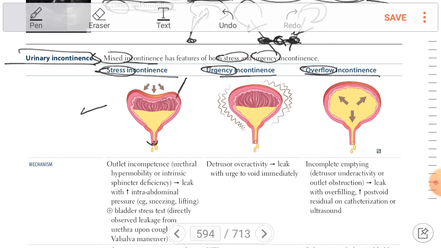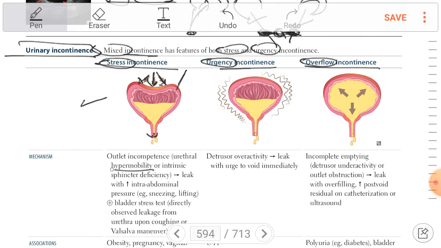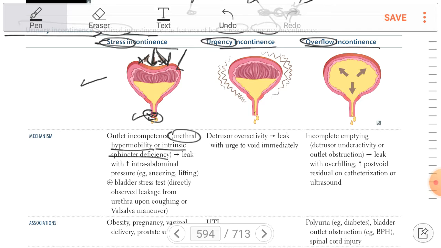So from this image, there is stress on the urinary bladder with hypermobility or deficiency of intrinsic sphincter here. So there is what? There is hypermobility of the urethra, or deficiency in intrinsic sphincter with increase stress over the wall of bladder, leading to what? Stress incontinence.